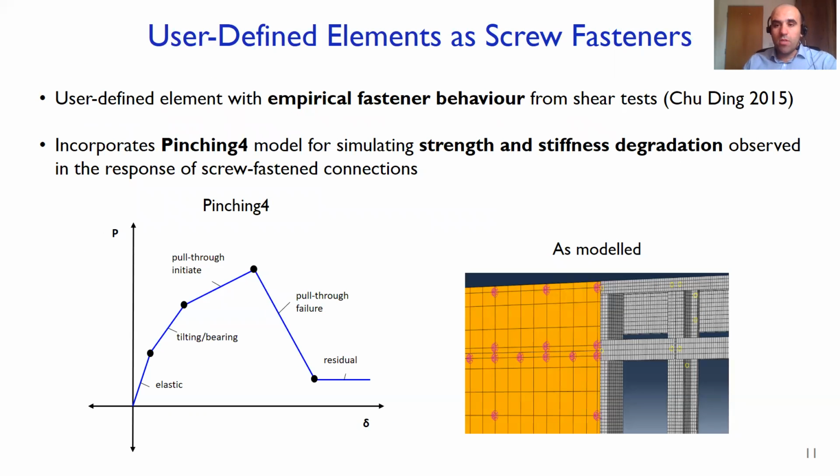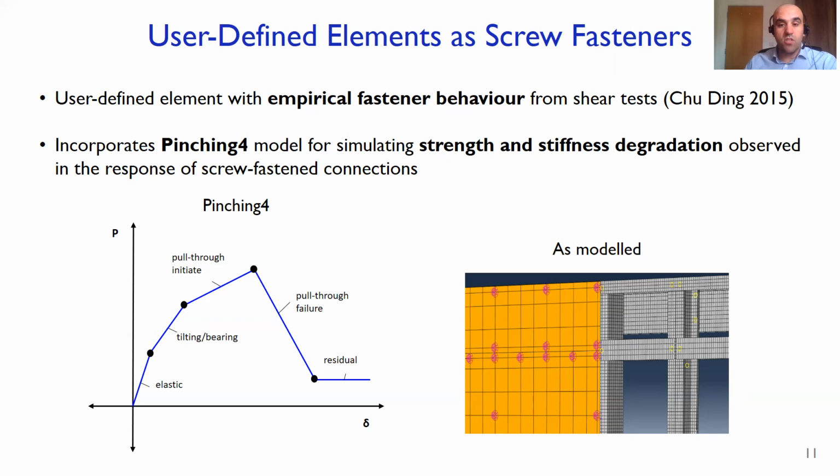In terms of modeling screw fasteners, although ABAQUS has a comprehensive library, elements are not yet available that allow for proper modeling of fastener behavior. To overcome this limitation, a user-defined extension to ABAQUS is made that incorporates empirical screw fastened connection behavior from test data.